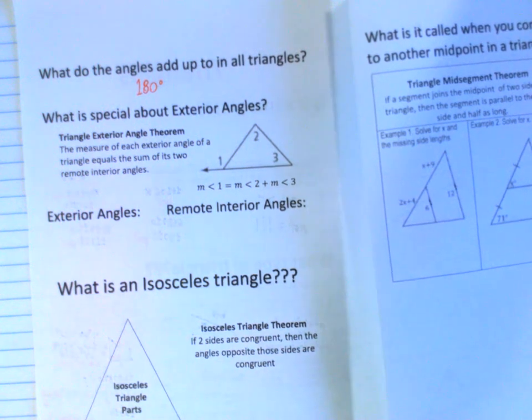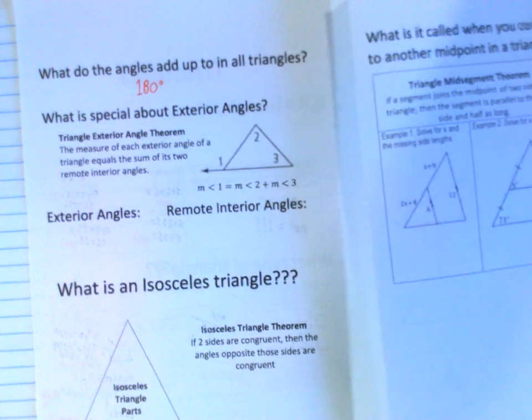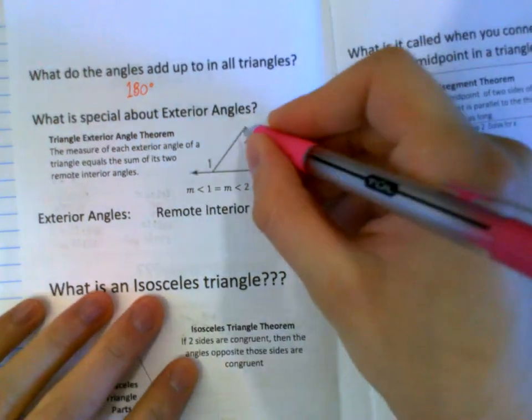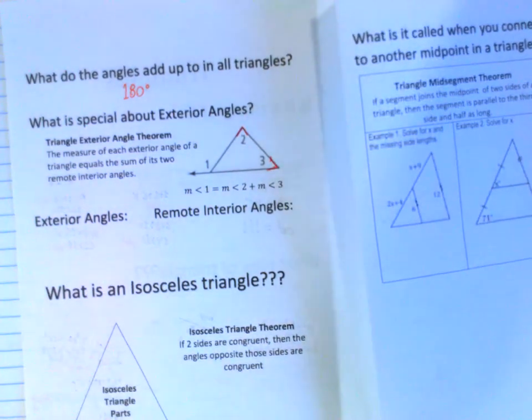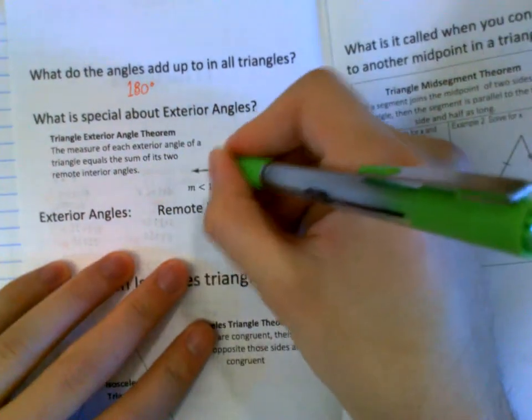What is special about exterior angles? Triangle exterior angle theorem: the measure of each exterior angle of a triangle is equal to the sum of its two remote interior angles. Basically that means angle 2 and angle 3 equal angle 1.